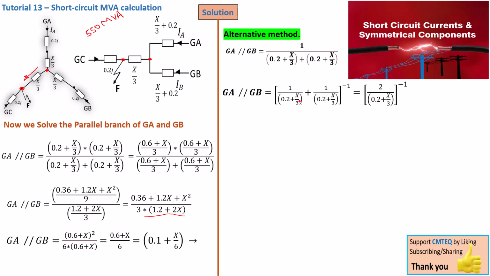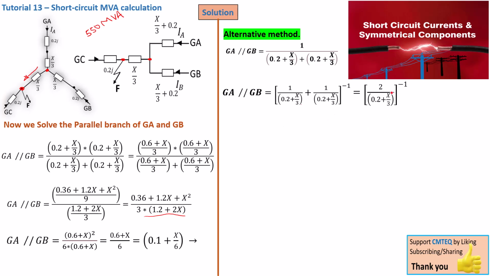So if you have something like this, basically it's a common denominator that we've got here. So you're going to have 1 plus 1 is 2 with a common denominator, and once you've got it like this, you can invert it back, and that will give you something like this, and you can further simplify it, and you're gonna have 0.1 plus x over 6 now.